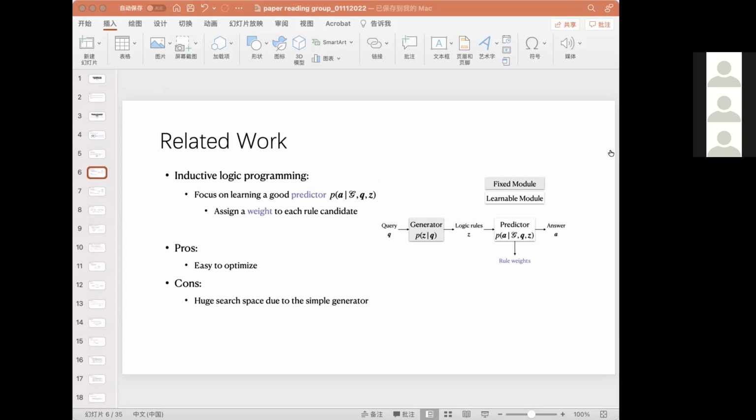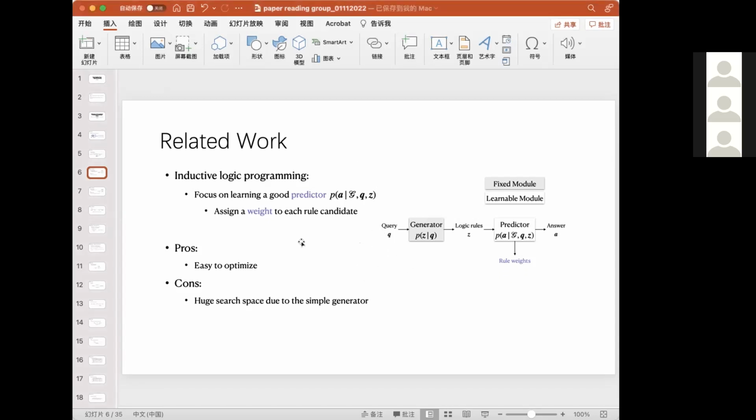The basic idea is to search over the whole knowledge graph and enumerate relational paths between the query entity and the answer entity as candidate logical rules. Then it assigns a scalar weight to each candidate rule in order to make the prediction.